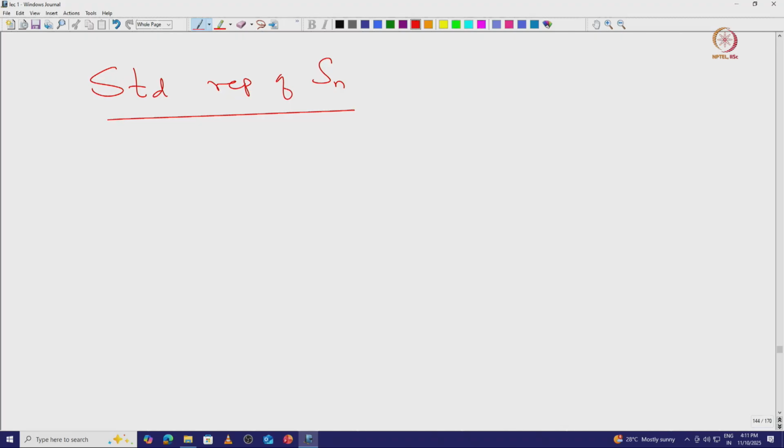To define this, we need to define the group homomorphism. We have to say how S_n acts on the given vector space. For the standard representation, the degree will be n.